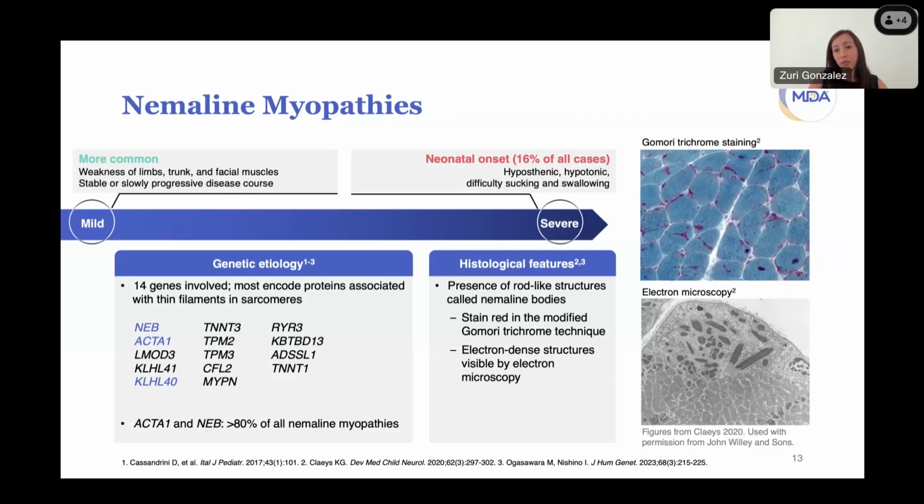But then you'll see on the right the muscle biopsy. The features that we will see, as I mentioned earlier on, will be the presence of these rod-like structures that are called nemaline bodies.